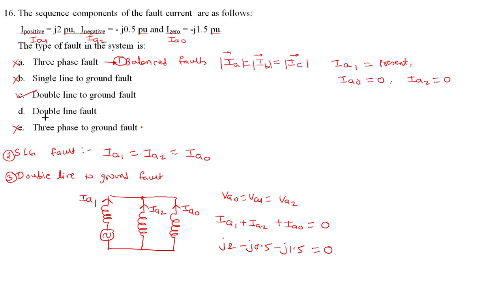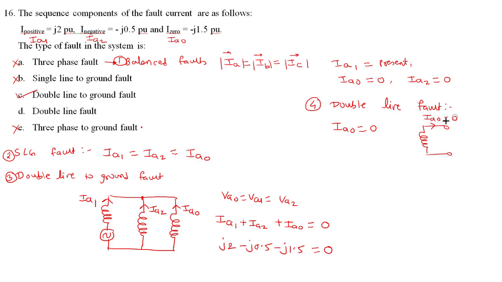Now what about option D, that is double line fault? In case of a double line fault, the sequence networks are connected as follows. When there is a double line fault, no zero sequence current will flow. So IA0 is 0, so the zero sequence network is not connected.